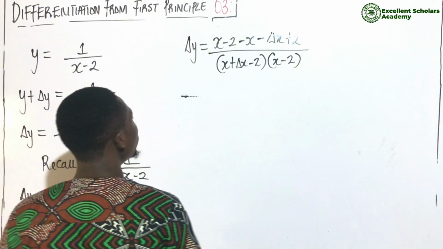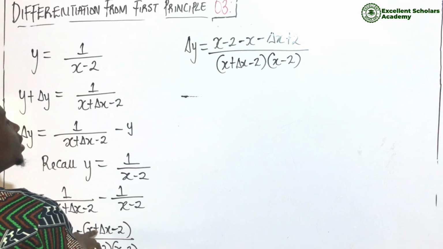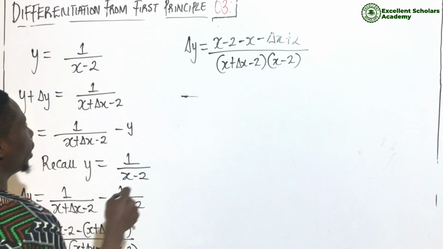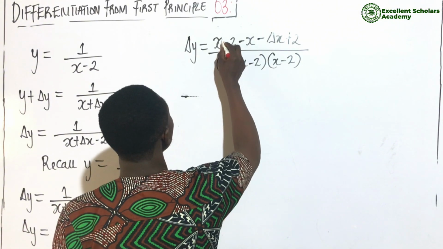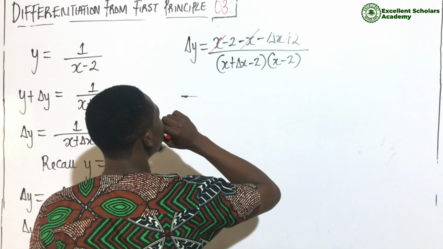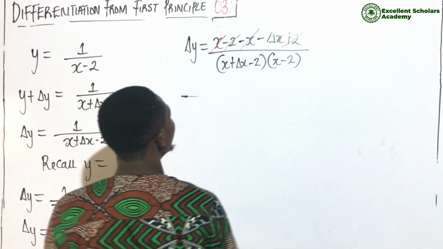Okay, so now from here, this opens this, and then we have, okay, we are correct. Now this is going to take away this, plus x is going to take away minus x, minus 2 is going to take away plus 2.